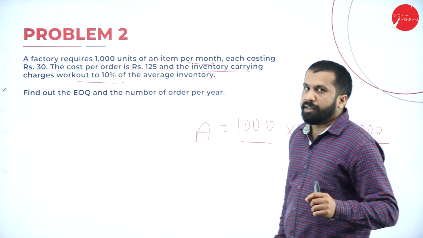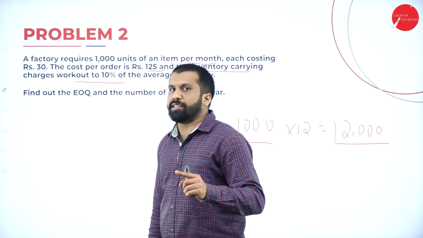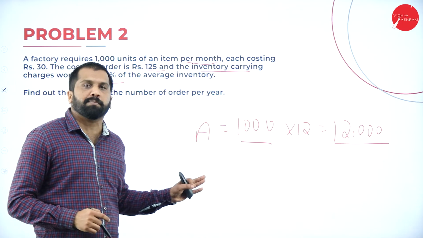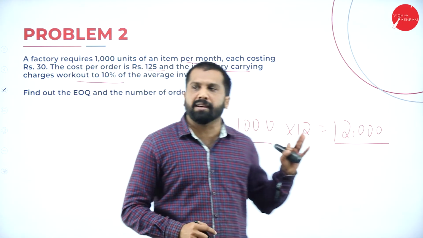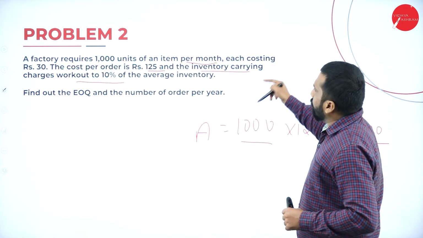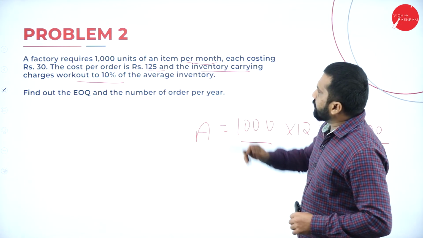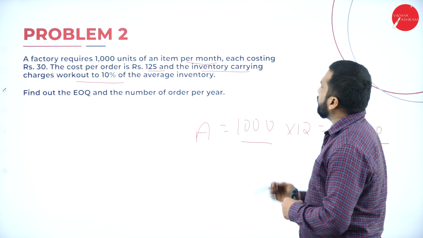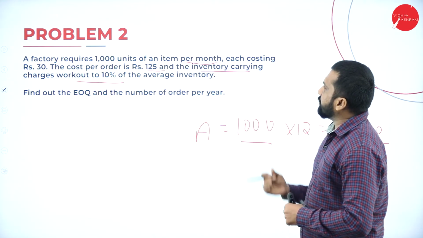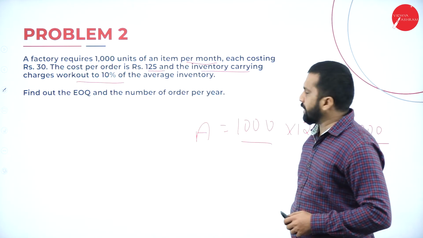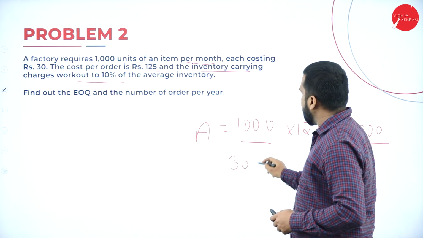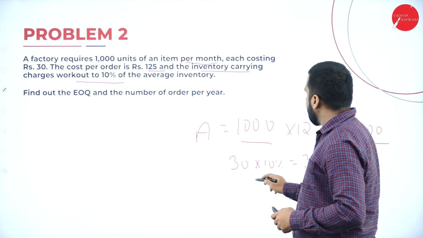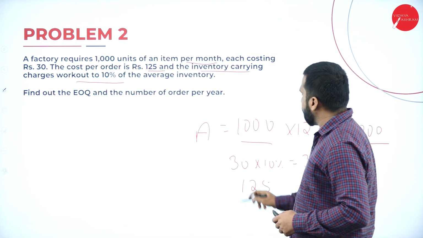They have given per month. If you do the calculation per month, you can do it, or else if you are doing per annum, you are supposed to multiply with 12.